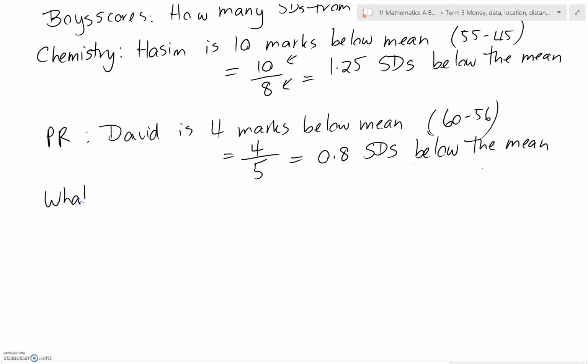So we need to be able to talk about what this means. So what it means is this. Haseem is more standard deviations below the chemistry mean.